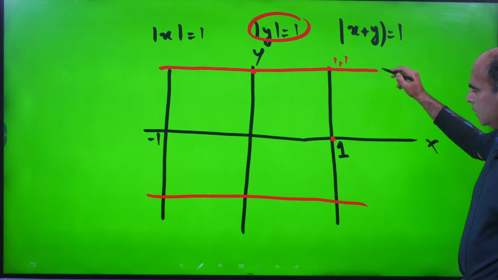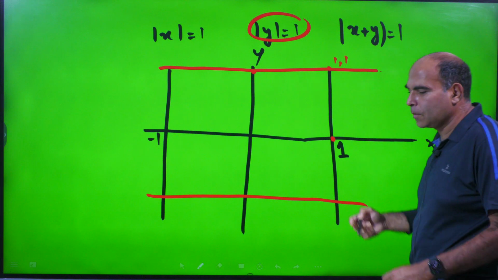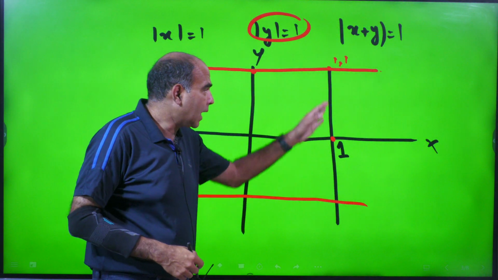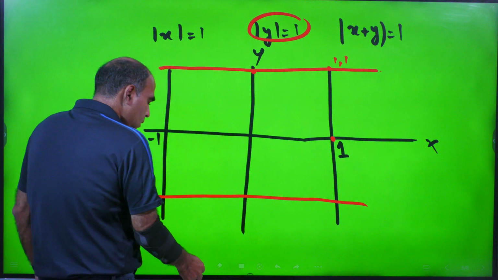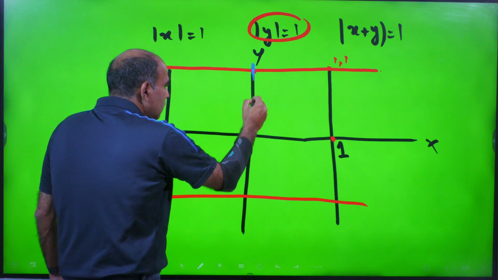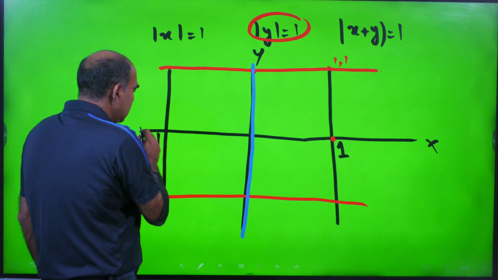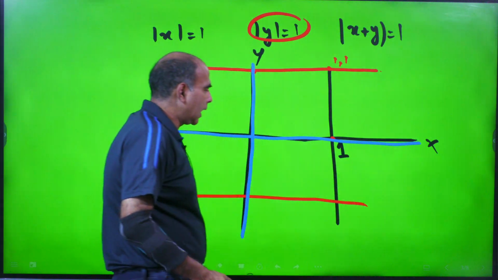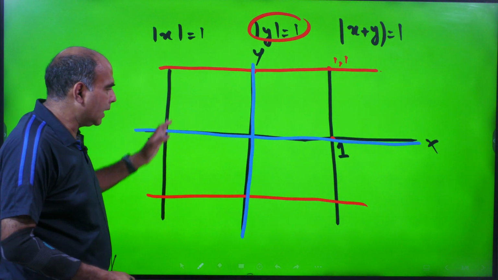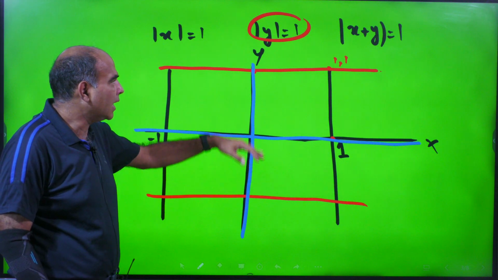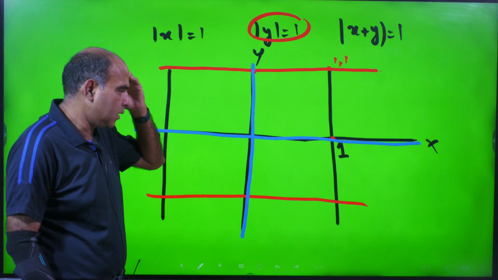So these two red lines represent the |y| = 1 graph, and let's not confuse them with the black lines. I am putting the coordinate axes in blue lines. So the two black lines are representing |x| = 1, and the two red lines are representing |y| = 1.